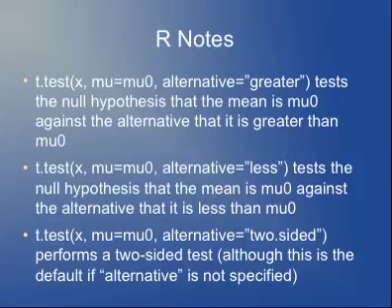If you want to look at whether it's less than the value, you specify that there. Or if you want to do a two-sided test, then you can also enter that into the function. And these are all for your specific mu 0.